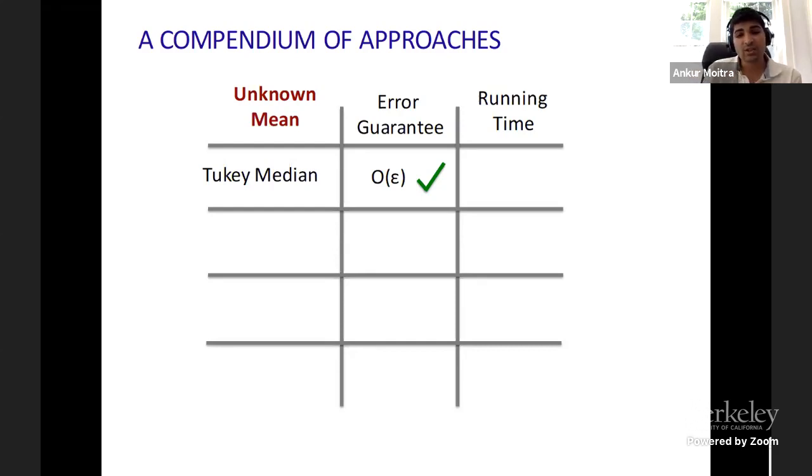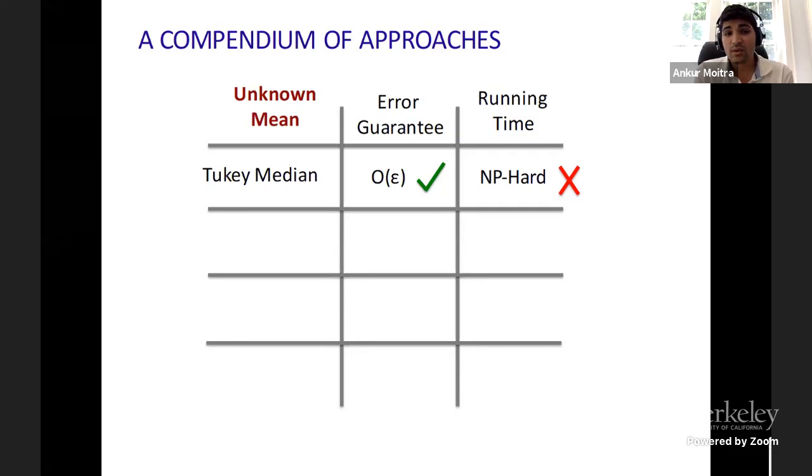But there's a big catch, which is that you can't actually compute the thing. So it's NP hard. In fact, what this means concretely is that if you have n samples from a d-dimensional point set, and you want to compute the Tukey median, the best known algorithms run in time roughly n to the d.